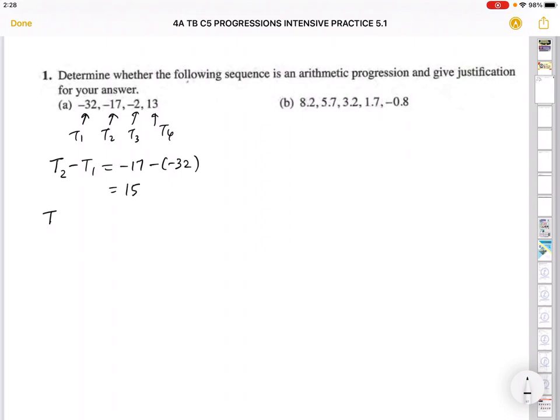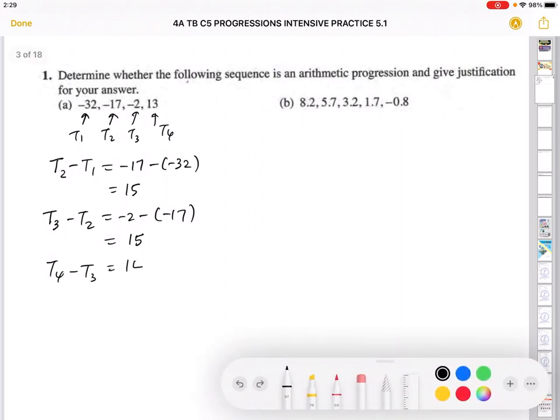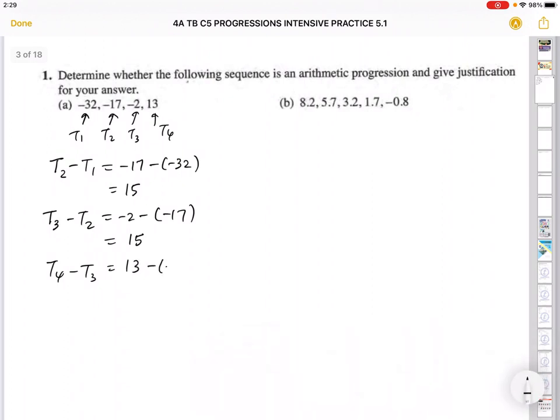Now we have to repeat with T3 minus T2, the third term minus the second term, minus 2, minus 17, which is 17 minus 2, again is 15. Now, since we have 4 terms, we have to test every single one, right? So the next one is T4 minus T3, which is 13, not 14, 13 minus 2, which is also 15.